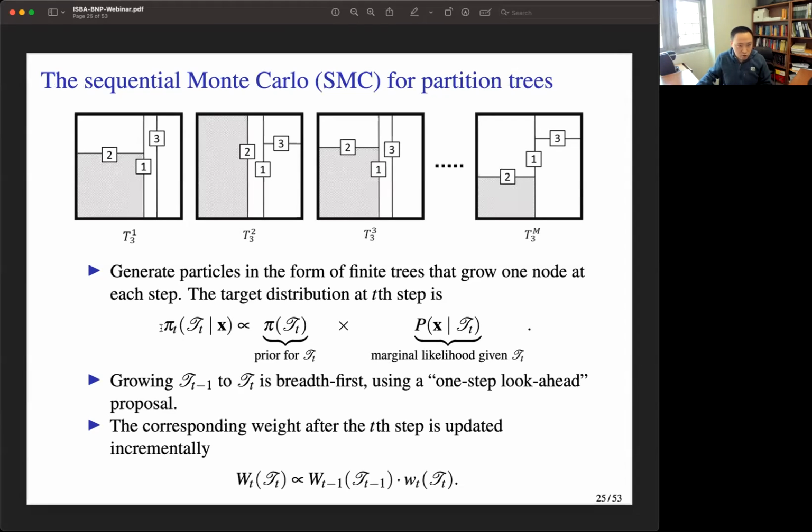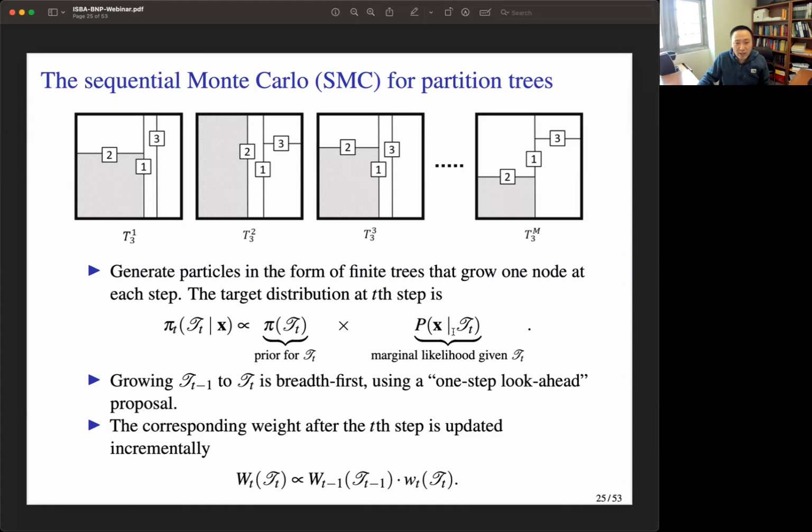So the strategy mostly follows the standard sequential Monte Carlo strategy. For the target distribution, the prior is known, essentially a variant of the CART prior. And then the marginal likelihood is what we need to update the importance weights sequentially.